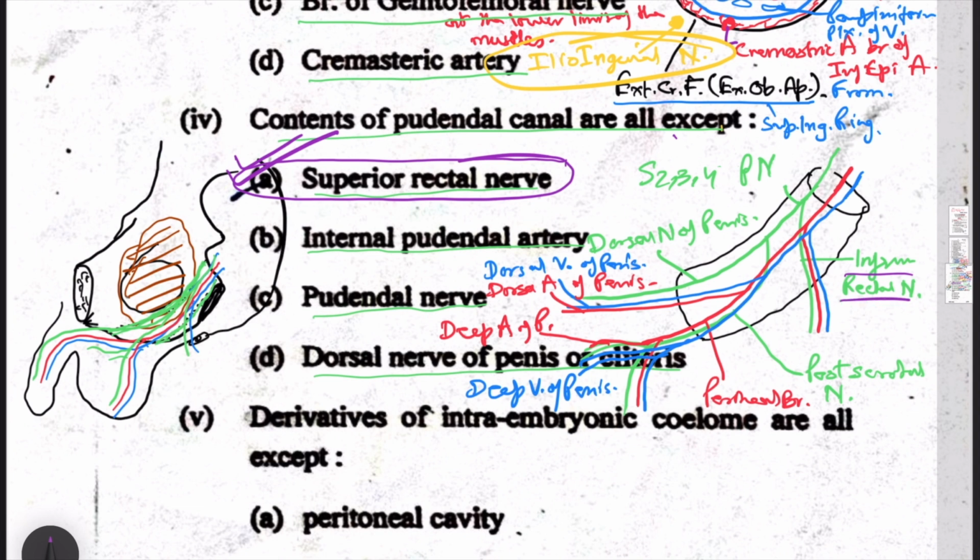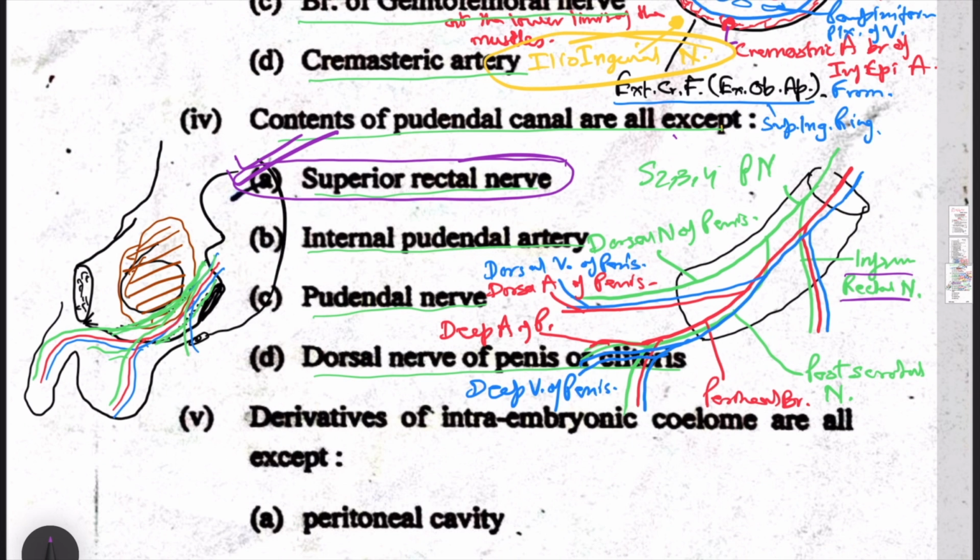So these are misnomers. The superior rectal nerve is a combination of both sympathetic and parasympathetic fibers. It's an autonomic nerve, so the sympathetic outflow will be from the L1 and L2 segments, right, and the lower segments of this sympathetic outflow, and the parasympathetic is S2, S3, S4.